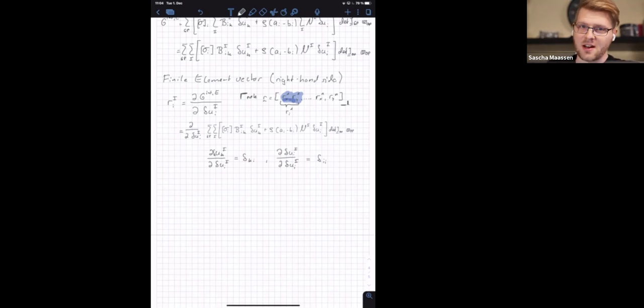I hope this is clear to everyone as well. And if we apply this to the formula, so now we have the derivation variation of uk with respect to ui.